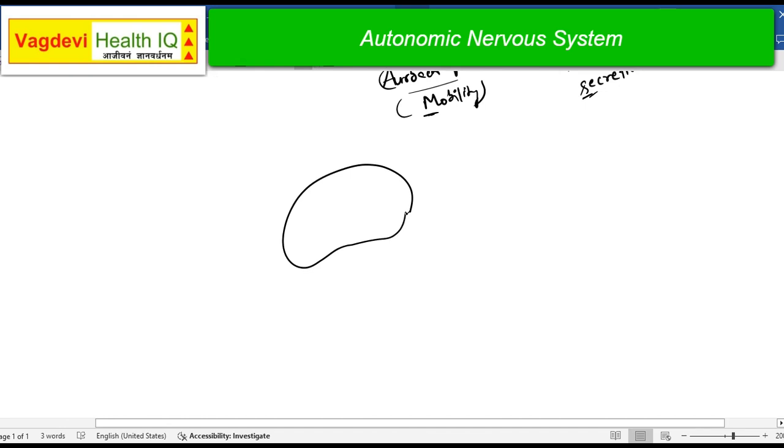This is the schematic diagram of the brain. Many times I have drawn it, so now you are easily understanding. Sulcus and gyrus, I'll let you know how to draw in a beautiful way.